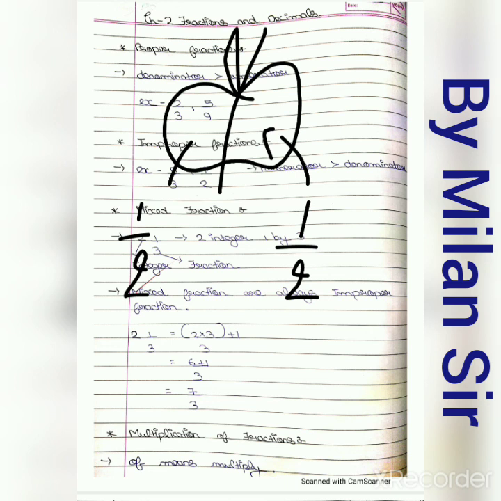Because what happens if we take only one whole quantity? Our whole quantity is always greater than the fraction. The denominator is the whole quantity and the numerator is parts of that whole quantity. So obviously our denominator is greater, because it is the whole quantity and we take a part out of it.